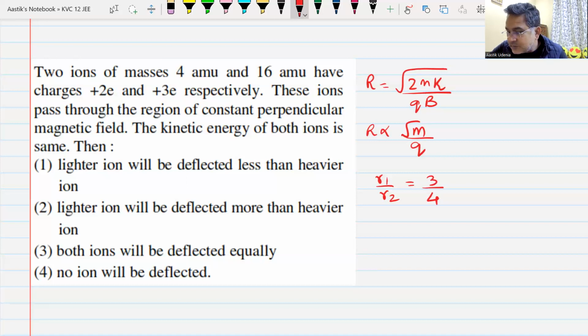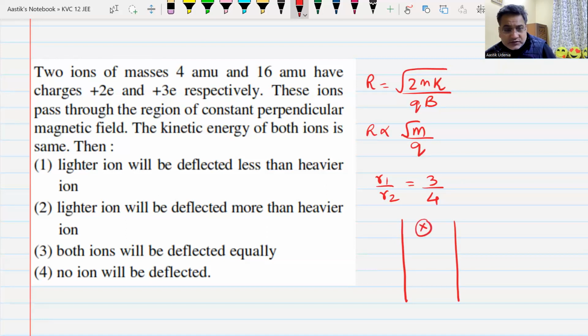Therefore, what do you mean by deflection? The question says that they will be deflected. They pass through a region of constant perpendicular magnetic field.